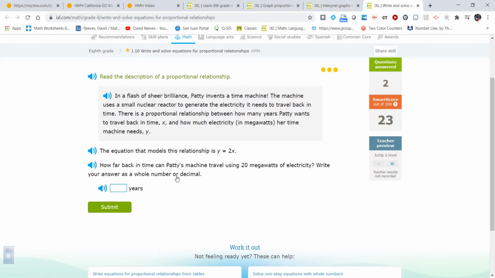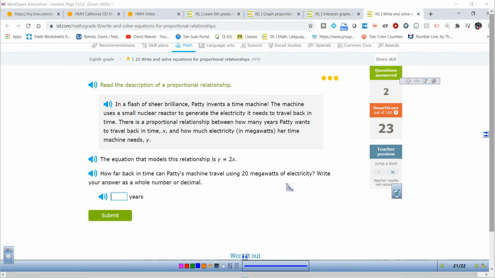All right, how far back in time can Patty's machine travel using 20 megawatts? Okay. So now they're giving us the megawatts, which is y, and they're asking us for x, right? So they're saying y is equal to 20, and they're saying x is equal to what?